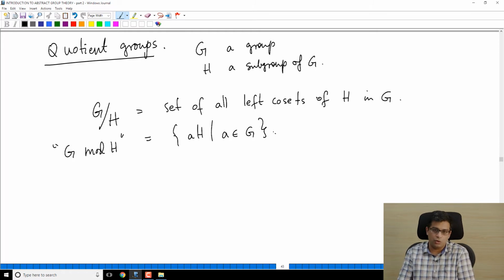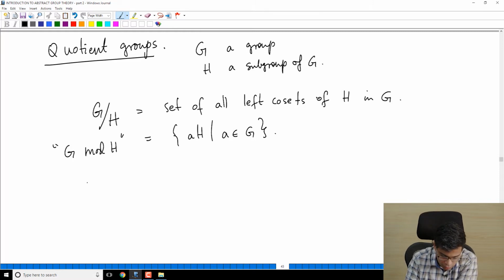Similarly, when G was the group of bijections of a 3-element set, namely the symmetric group on 3 letters S3, we looked at some subgroup H and we wrote down all the cosets of that subgroup. So this is the set of all left cosets.